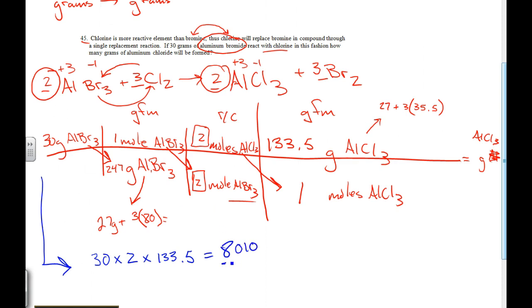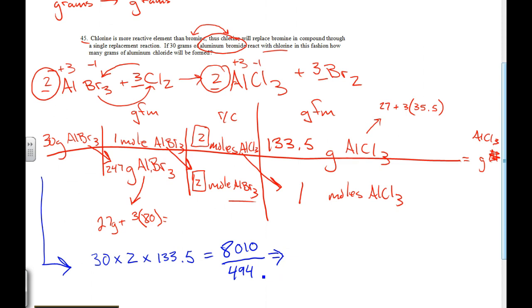Now we're not quite done. That's the top. Now the bottom is 247 times 2 equals 494. Okay, I'm going the long way here because this is how you really need to do it if you're going to use your cell phone calculator.